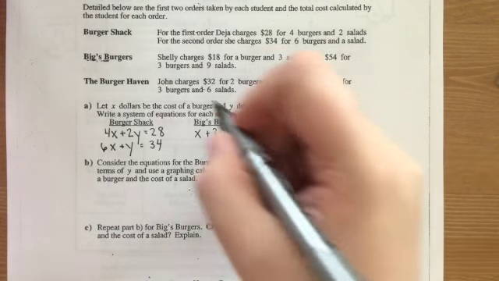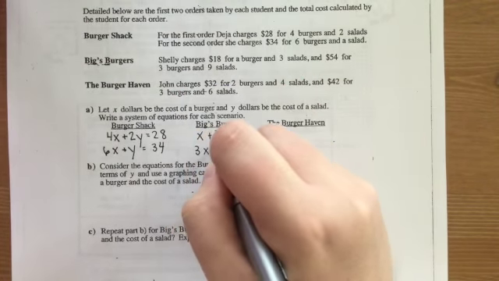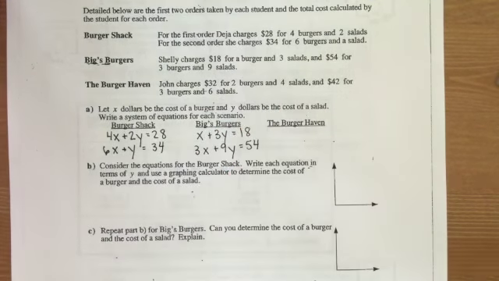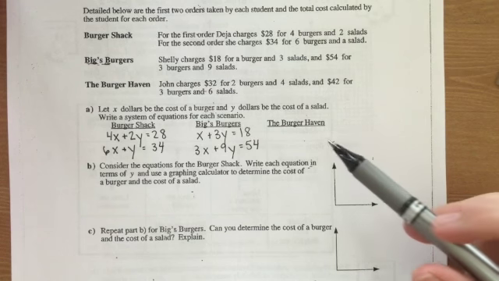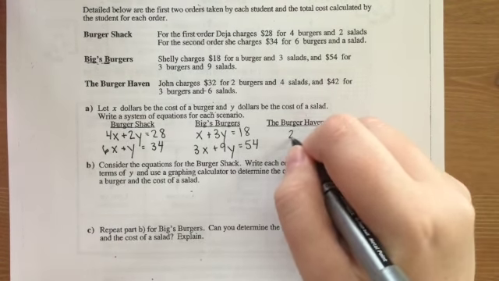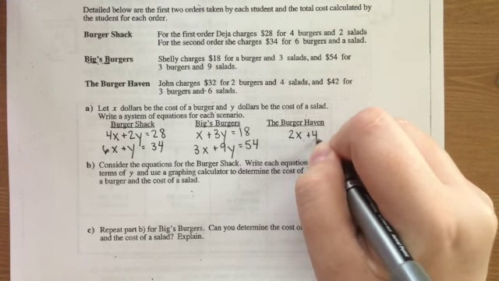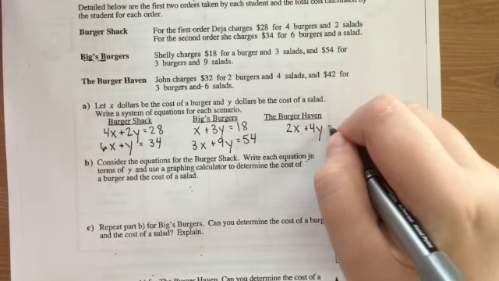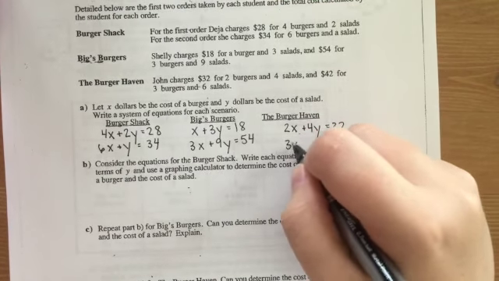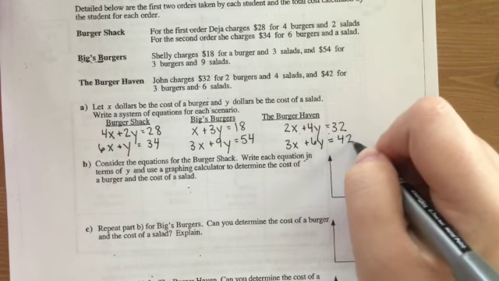But $54 for 3 burgers and 9 salads. 3 burgers, 9 salads, $54. And at the Burger Haven, that's where John's working, he charges $32 for 2 burgers, so 2X, and 4 salads, 4Y, $32, and 3 burgers and 6 salads cost $42.